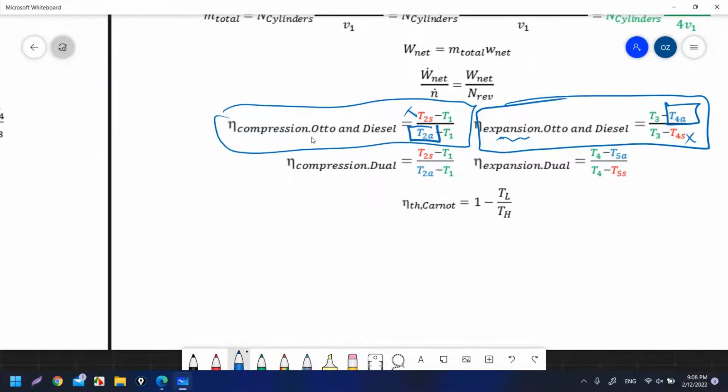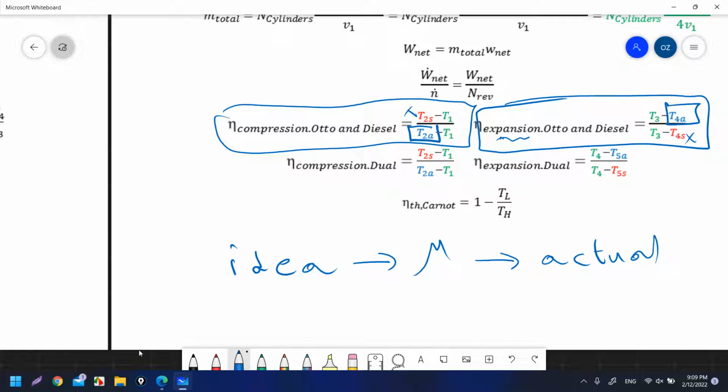I have T1, I have the efficiency. I will calculate T2S from the isentropic relation, then I can get T2A, the actual temperature at state 2. Okay, that is the process. You have to solve first for the ideal, then use the isentropic efficiency, then find the actual temperature.